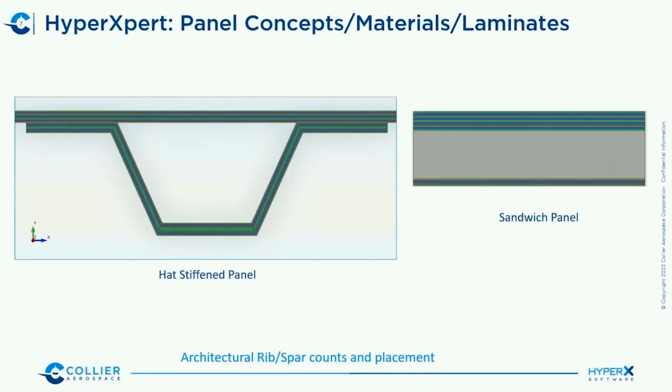In addition to that, it's not just the layout of the substructure, but let's also consider the possibility that one design is hat stiffened, the other sandwich. And the sandwich in this case has a thick OML, as we traditionally do for damage tolerance. So there's 2 of these, and there are 4 of these. So there's 8 total combinations.